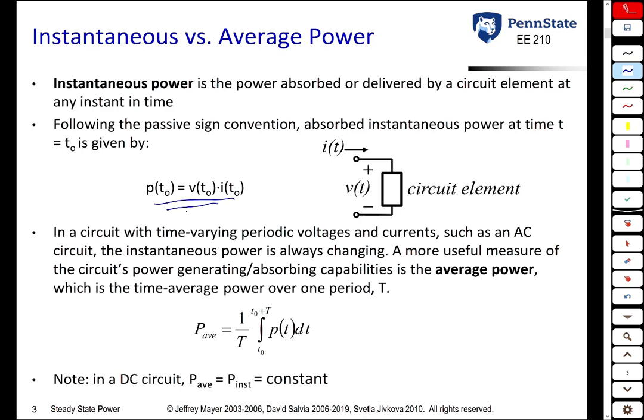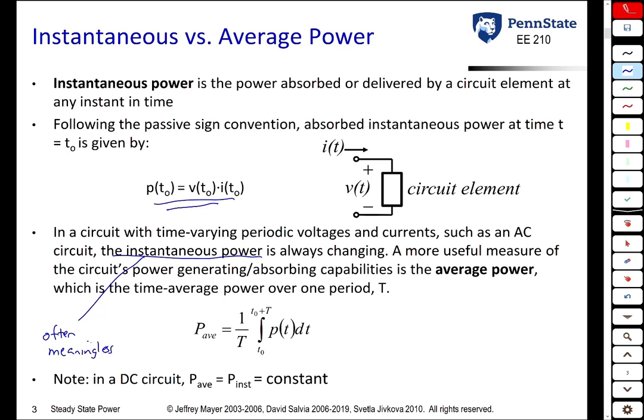The problem with instantaneous power is if your voltages and currents are sinusoidal or any non-constant value, they're constantly changing. And so instantaneous power is often meaningless.